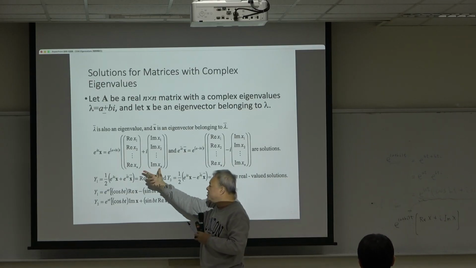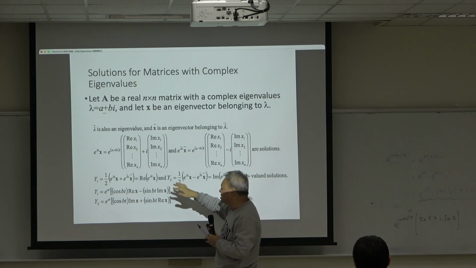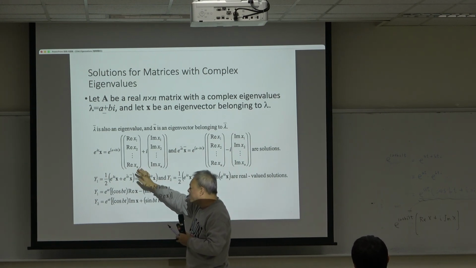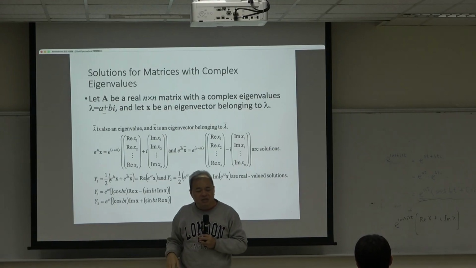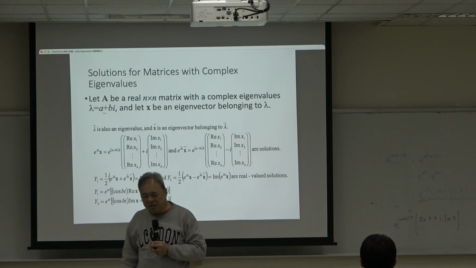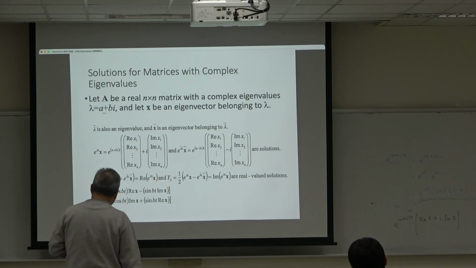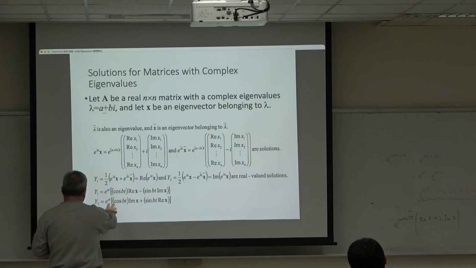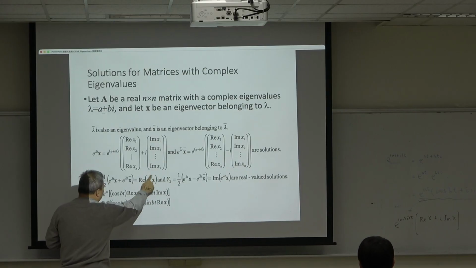Then you have this one, and you can do a trick because y1 and y2 are conjugate to each other. You can add them up and divide by 2, and then you get the real part. What is the real part of this?